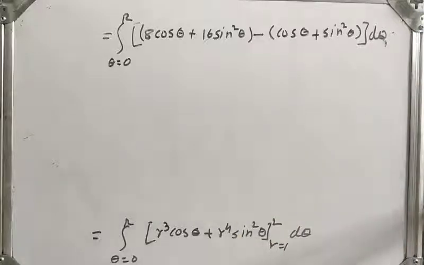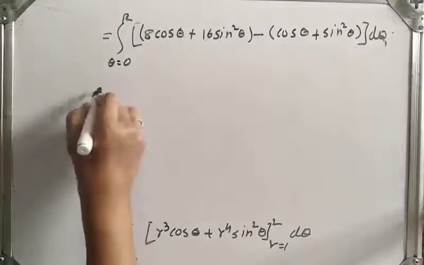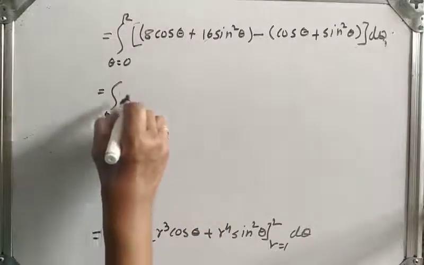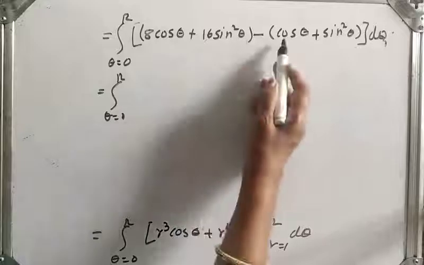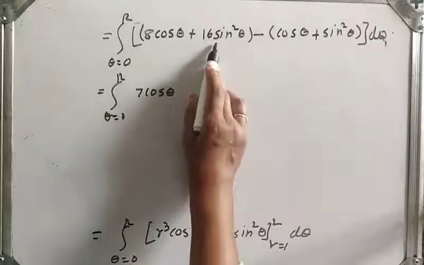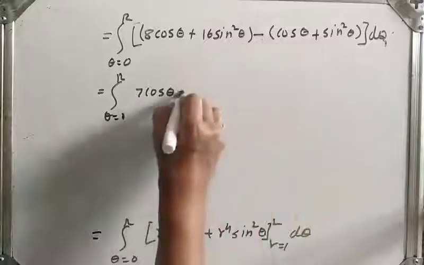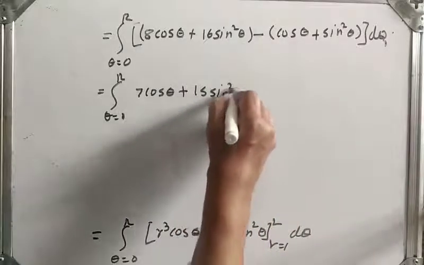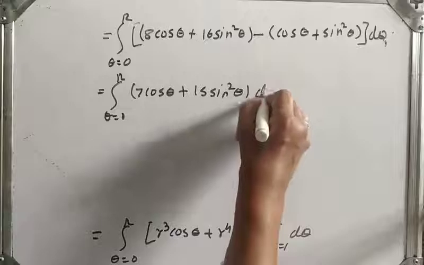Okay, so it will be, which is equal to, theta is equal to 0 to pi, 8 cos theta minus cos theta, 7 cos theta, 16 sin square theta minus sin square theta plus 15 sin square theta d theta.